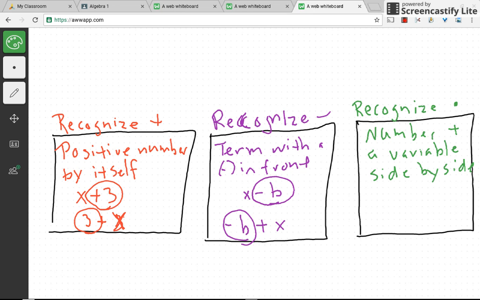A number and a variable side by side, so that would be like this. So there we go, bx. Both of those are side by side. So there we go, that gets that part finished.